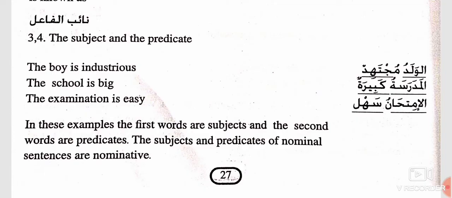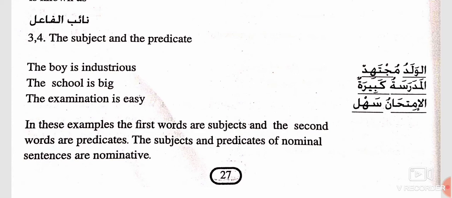So the boy is the subject and mujtahid is the predicate. Al-waladu is mubtada and mujtahid is khabar. Subject means mubtada, predicate means khabar.